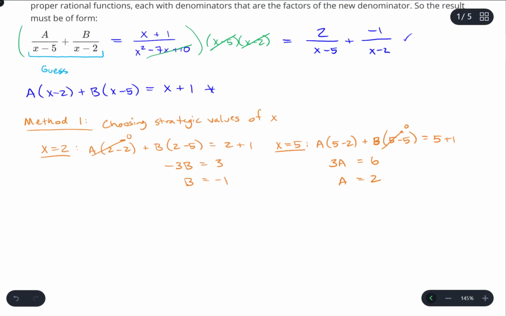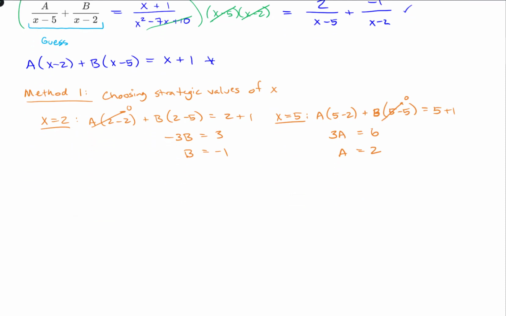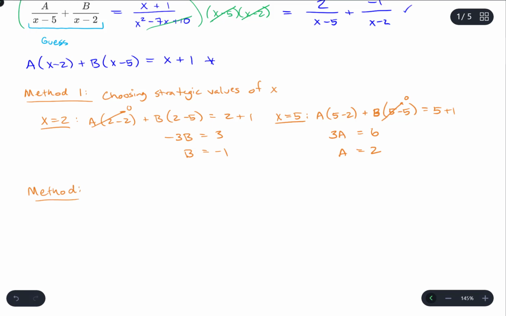Now, it's not going to be entirely possible in every situation, but when you can't, another method is just picking other values of x, and that gives you an equation that you can work with. I'll show you an example with that, but one here that could also work would be the method of equated coefficients.